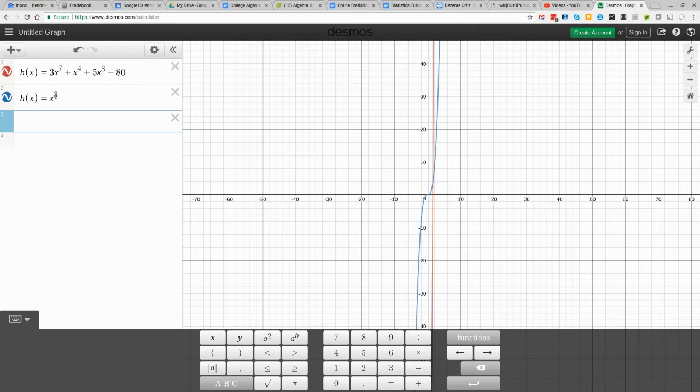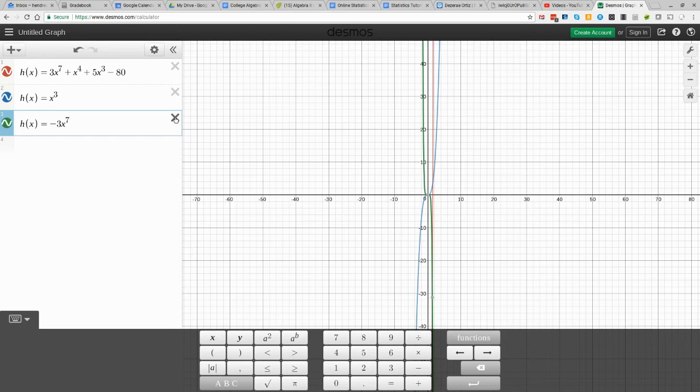So you'll see if I do h of x is equal to, let's say, negative 3x to the 7th, that turns the cubic function around. So that's the only thing. It's just the power and the sign of the lead coefficient that determines what the end behavior is going to be for a polynomial function.